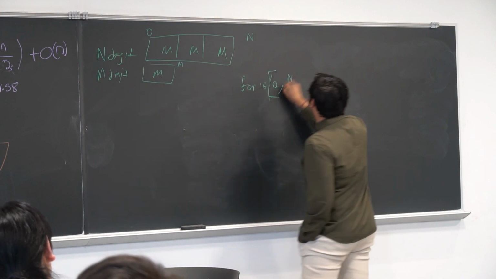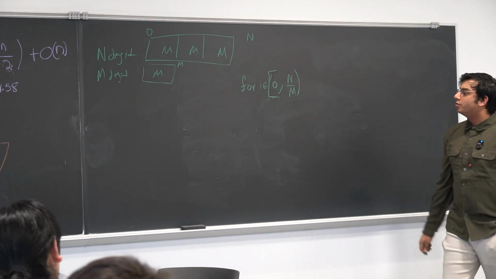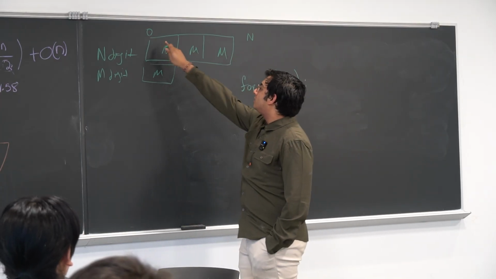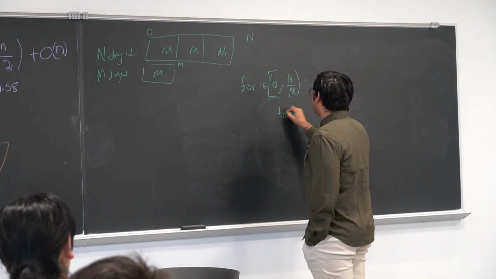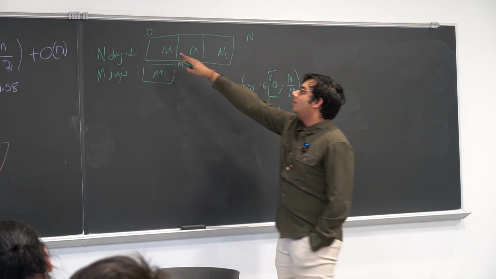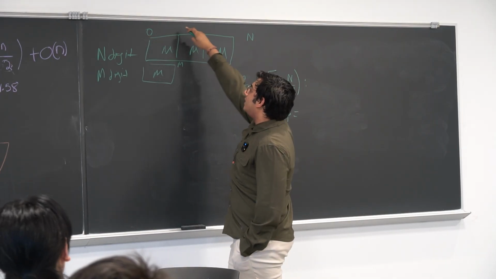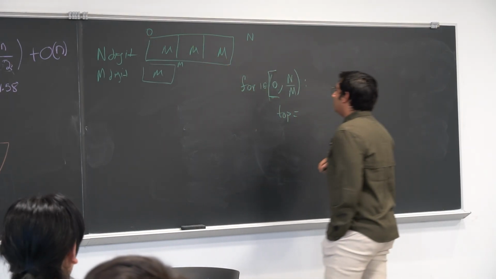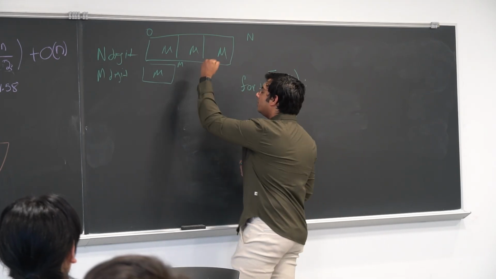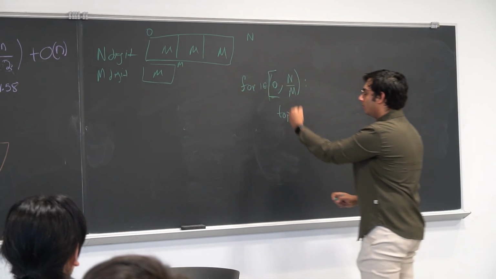So I have this: for i in range from 0 to n over m, I want to take the chunk of the top. The top chunk is going to be from index 0 to index m minus 1 in iteration 0. In the next iteration, it's going to be from index m to 2m minus 1.